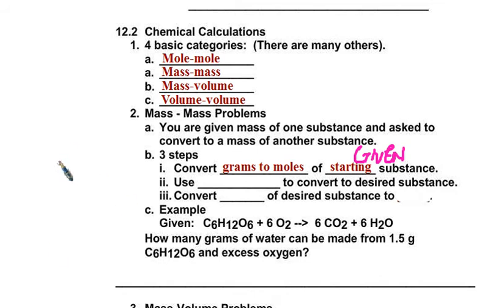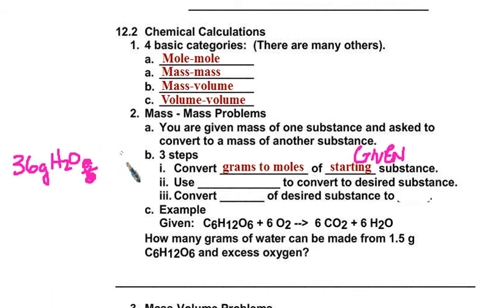But the basic idea is, let's say you have 18 grams of water. It's not a good example. Let's use 36 grams of water. And if we want to convert to moles, we are going to multiply by 1 over the molar mass, or we divide by the molar mass.